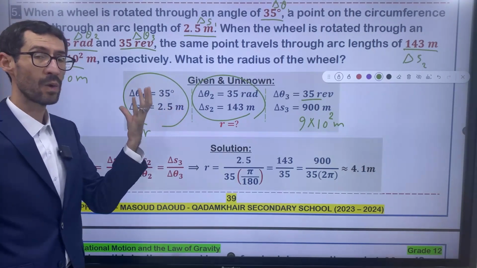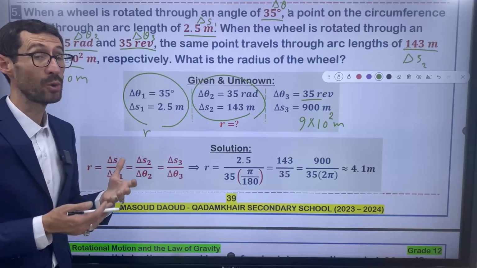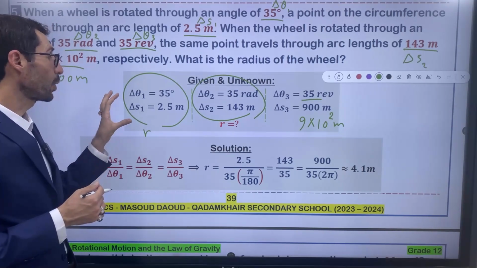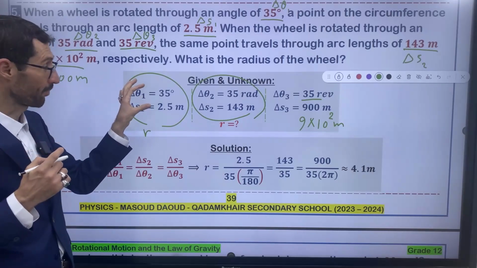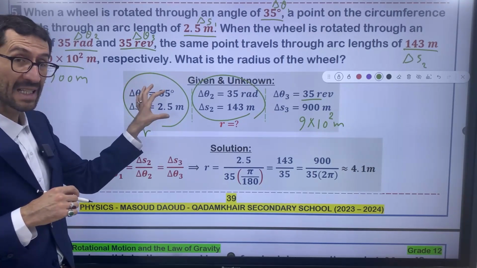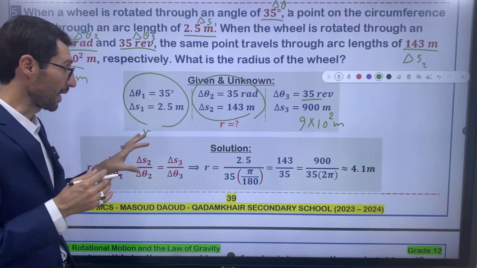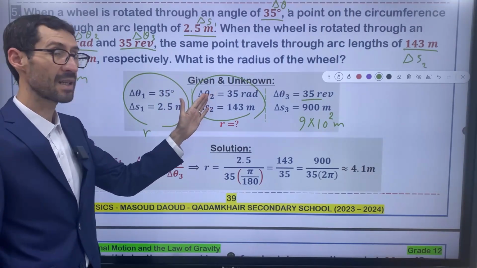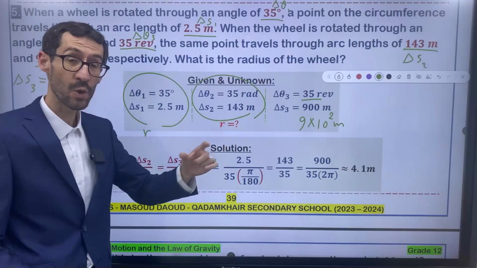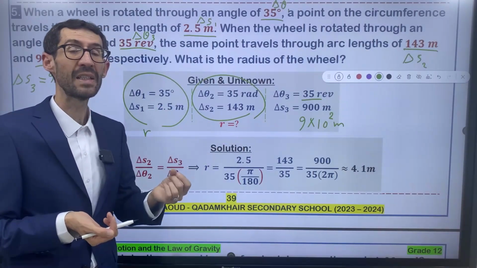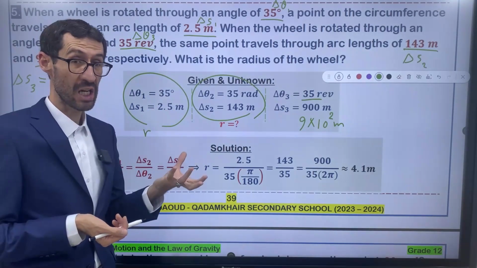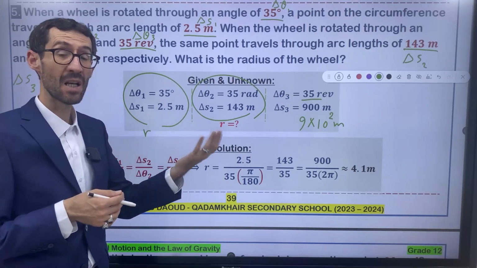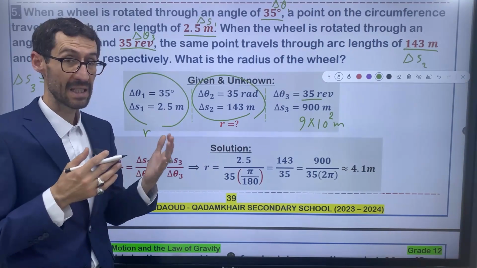So what shall we do in this case? Either you focus on only one case. If you find R, you don't need to find R for the other cases, because there's one wheel and the radius of the wheel does not change. Whether the wheel speeds up or slows down, it doesn't matter.